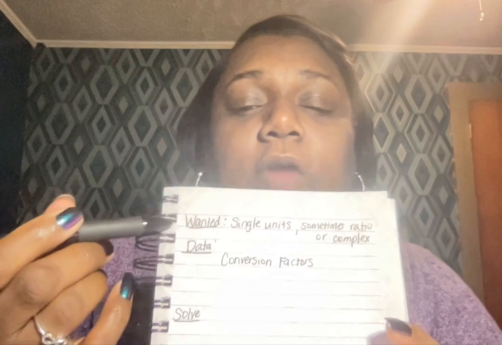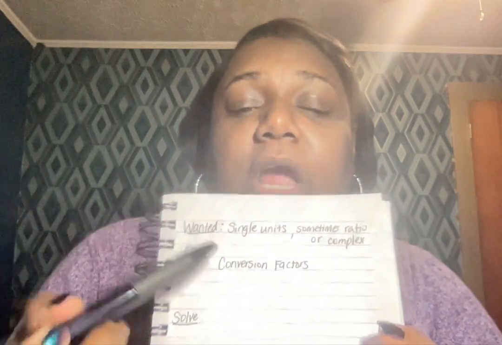So when you start with your wanted, usually your wanted will be a single unit something. Although sometimes you can have problems where it's asking you for ratio units as the answers or for complex units as the answers. Your data, again, is going to be your conversion factors.